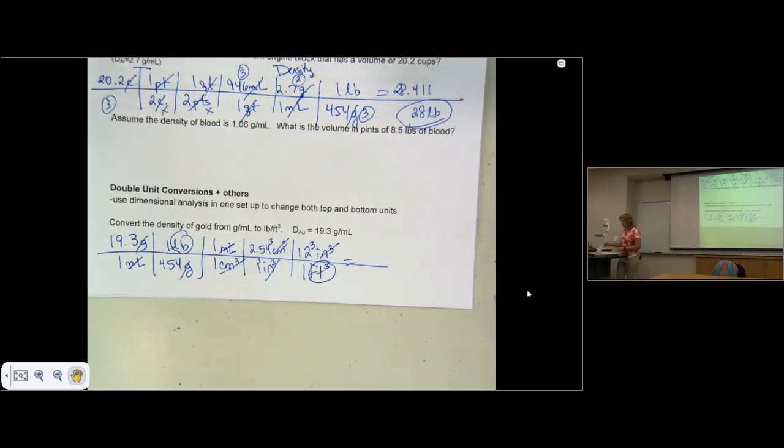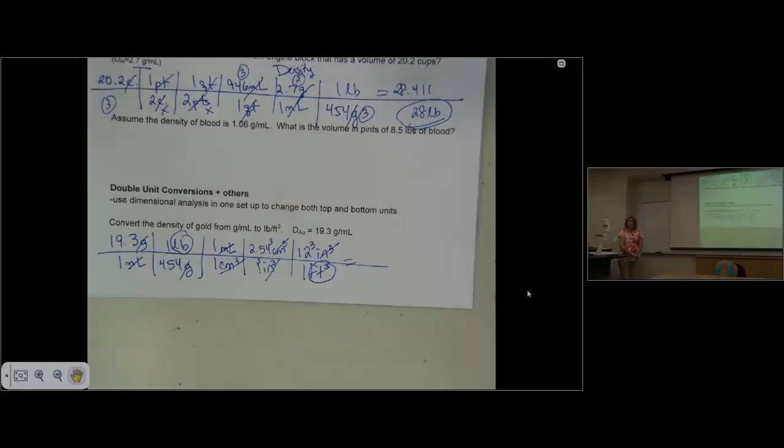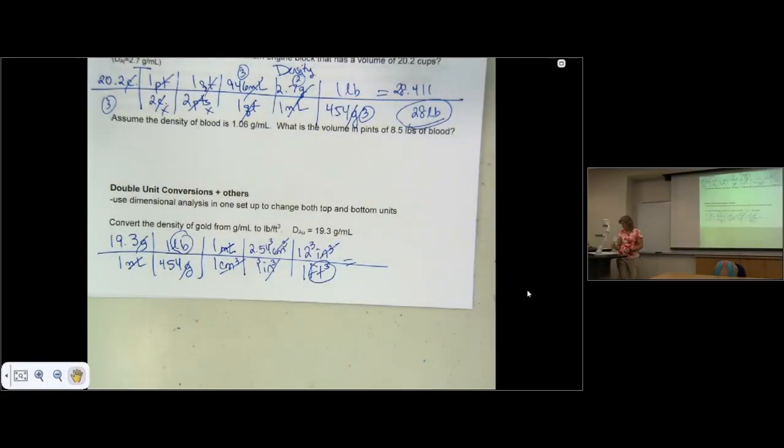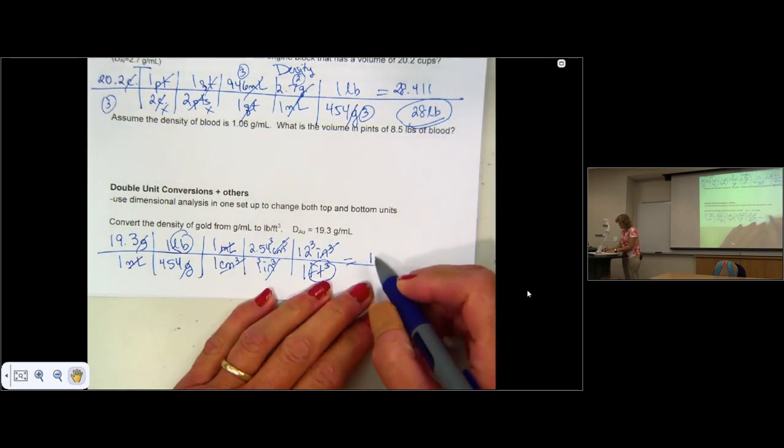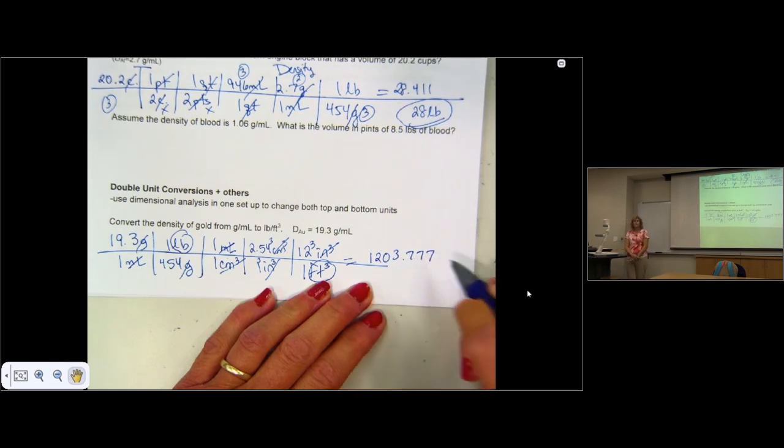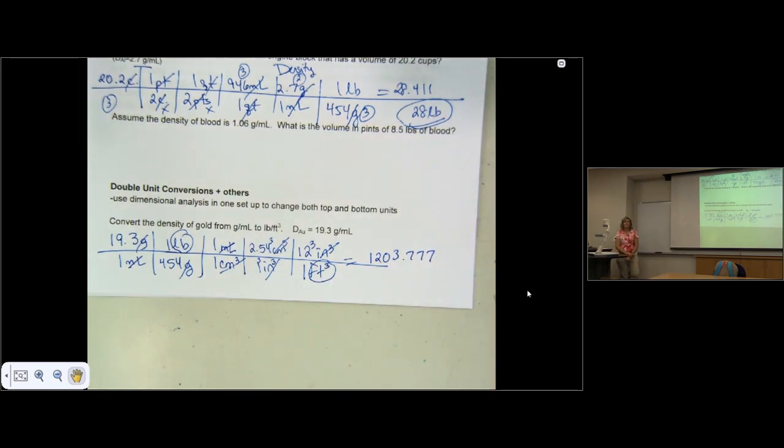Now I come back and I plug the whole thing in my calculator, without stopping and starting. What do you get on your calculator? 123.777. If you did not get that, then let's work on it. Did everyone get that?